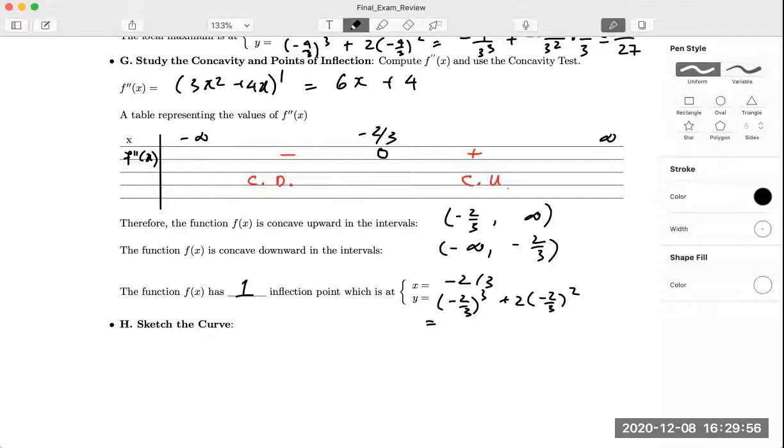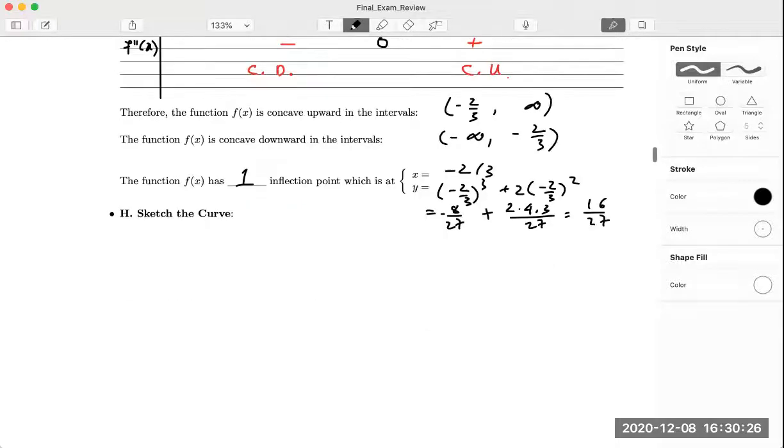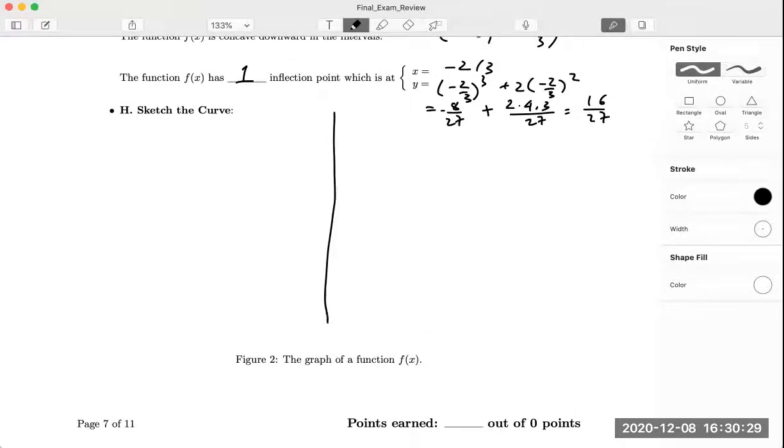Okay, it is negative 8/27 plus 2 times 4 times 3 divided by 27, which is 24, right? 24 minus 8 gives us 16. Okay, it will be 16/27. Now we have all the special values of this graph. We can sketch it.